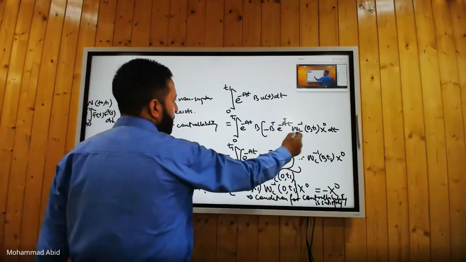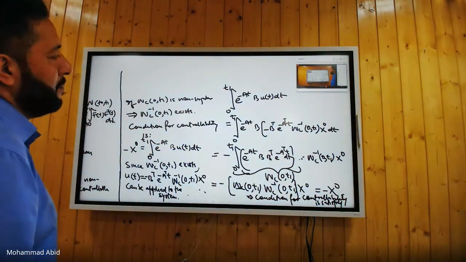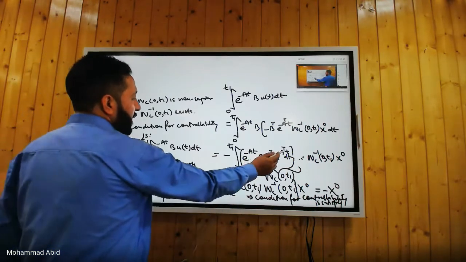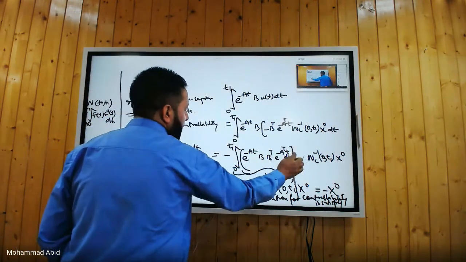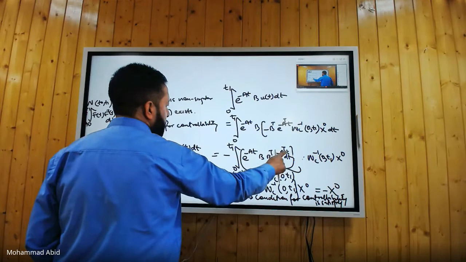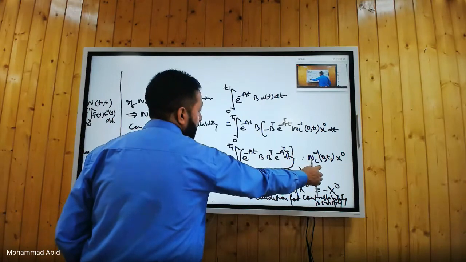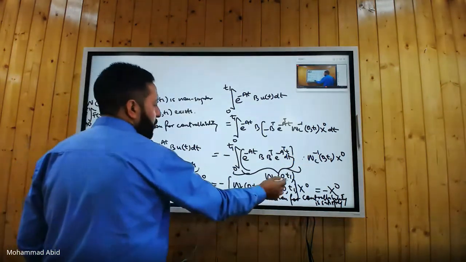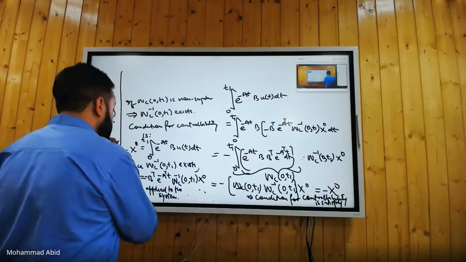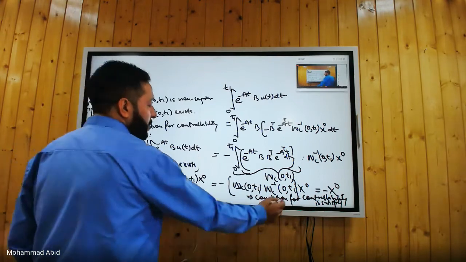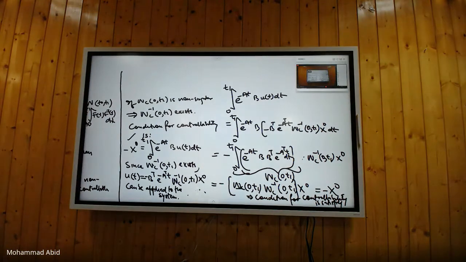तो u t यहाँ पे substitute करके हमने थोड़ी बहुत mathematical manipulations करके we have seen that this finally reduces to this expression wherein this e to the power minus At B B transpose e to the power minus A transpose t dt has already been defined as the controllability Gramian with the integral, and this with W_C inverse(0,T1) तो input term से आ गया और ये दोनों में क्योंकि W_C(0,T1) full rank matrix है, so the product of two full rank matrices, product of the matrix and its inverse, it's equal to I. So this will come out to be equal to minus x naught, which is actually the left hand side of this equation, therefore satisfying the condition for controllability.